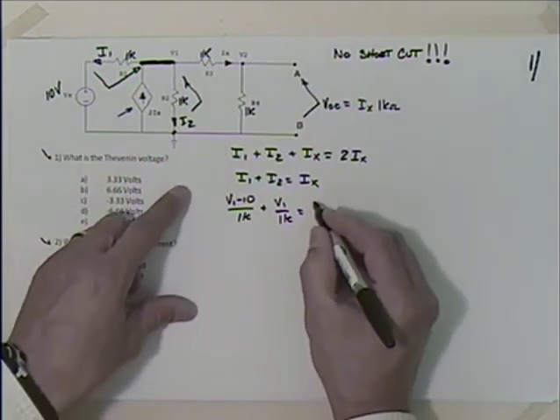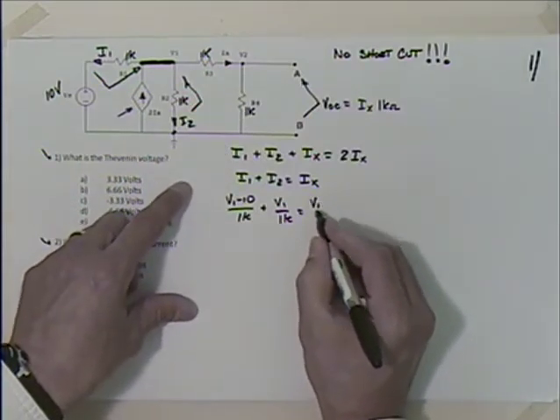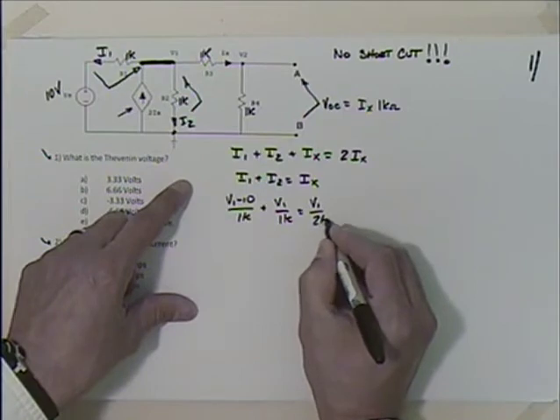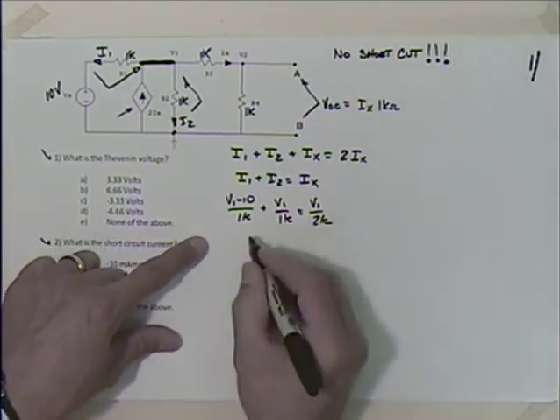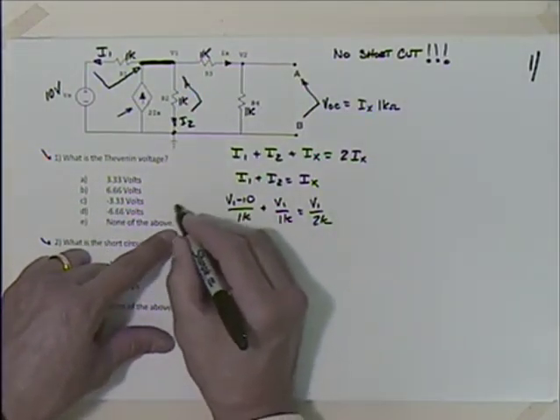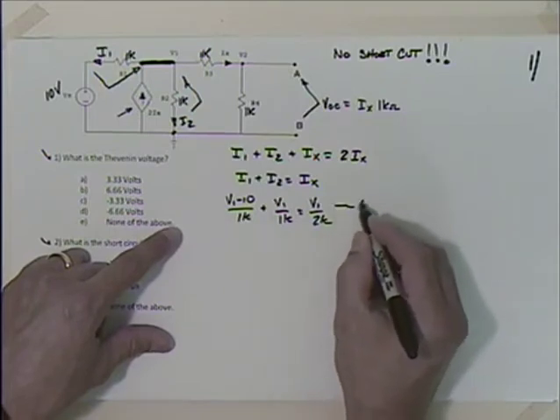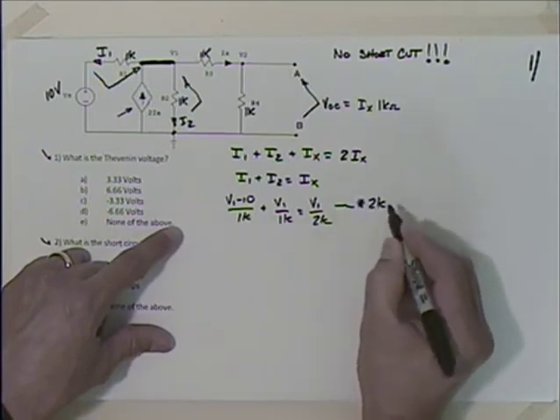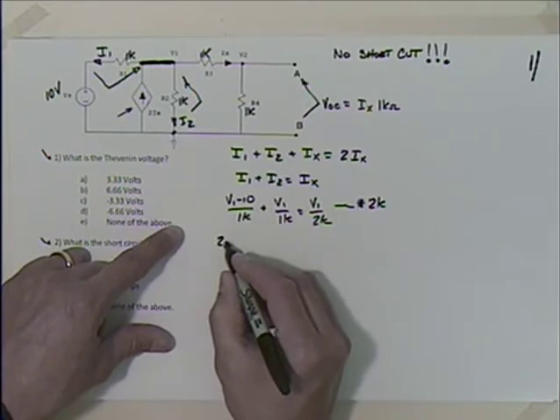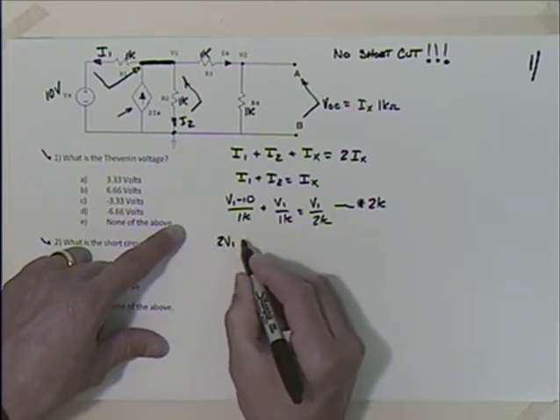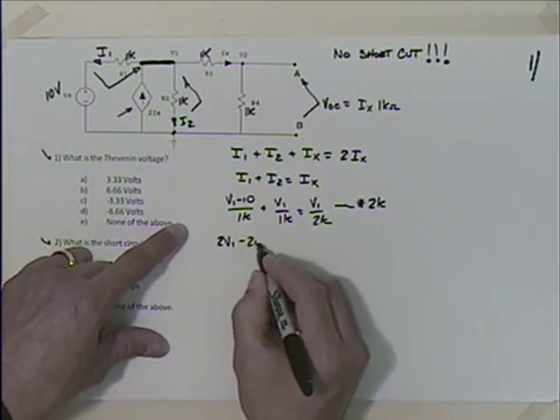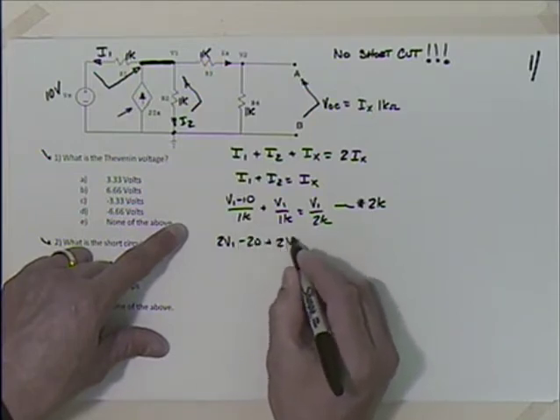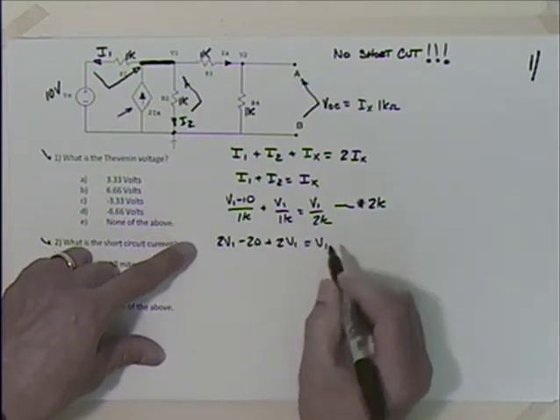So it will be V1 divided by 2K. If I multiply everything by 2K, I come up with minus 20 plus 2V1 is equal to V1.